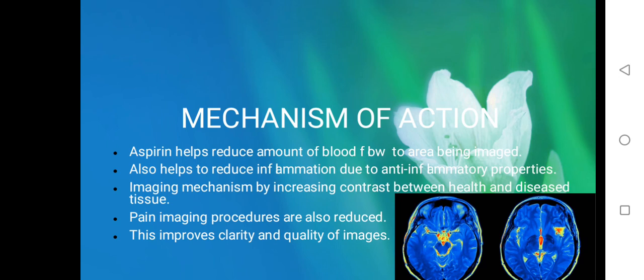It improves imaging by increasing contrast between healthy and diseased tissue. Pain during imaging procedures is also reduced. This improves the quality and clarity of images. So it's patient friendly, since pain during imaging procedures is removed, and the patient won't shake during the procedure.